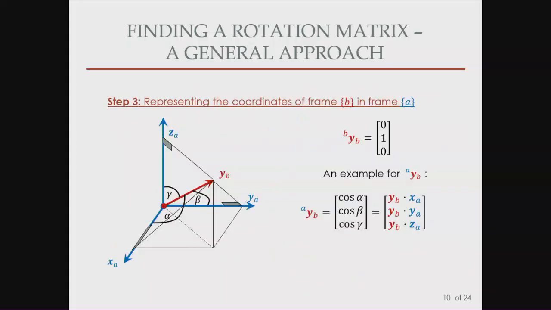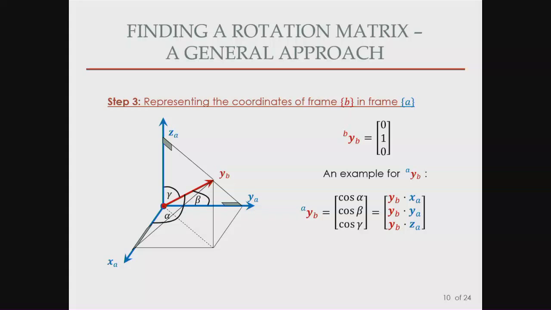Okay, so here I took the red YB, and I check the components or the projections of this vector YB on frame A. Okay, so XA, YA, ZA. And what are these components?